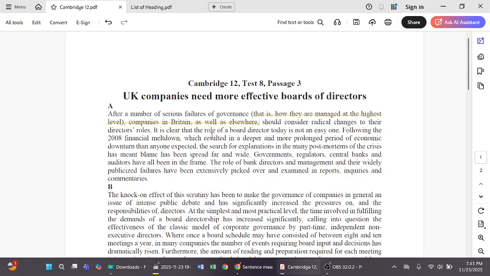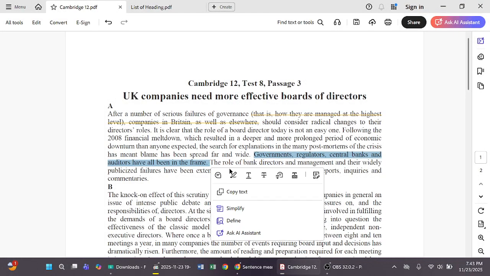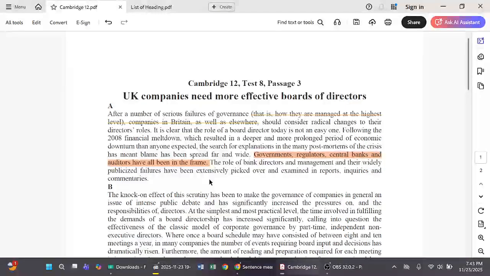That is, it is clear that the role of a board director today is one following the 2008 financial meltdown, which resulted in a deeper, more prolonged crisis. The search for explanation in the many postmortems of the crisis has meant governments, regulators, central banks, and auditors have all been in the frame. That means here we can see a list of everybody who is being blamed.